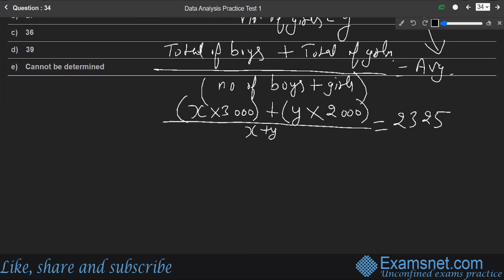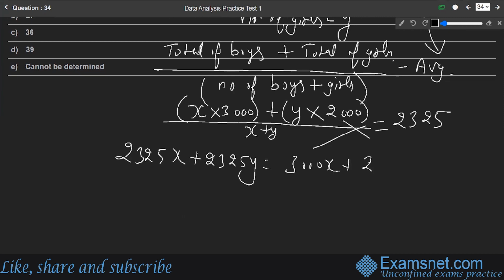We are supposed to solve this equation further, so obviously we're going to cross multiply. So it's going to be 2325X plus 2325Y is equal to 3000X plus 2000Y.